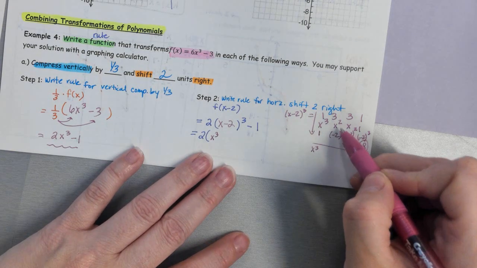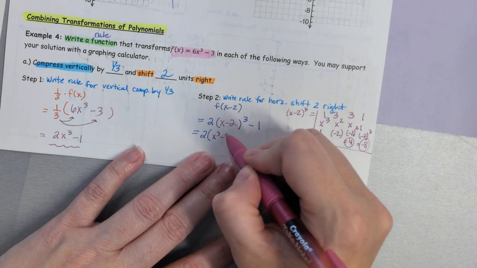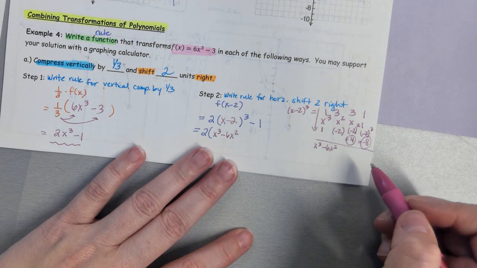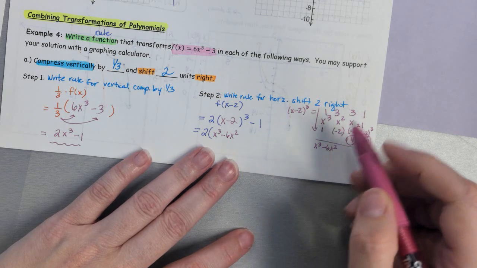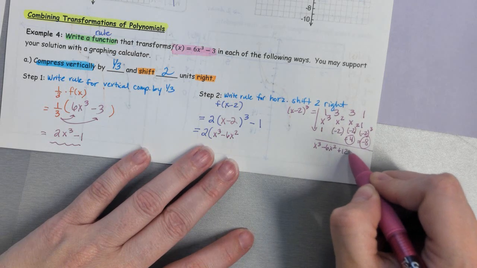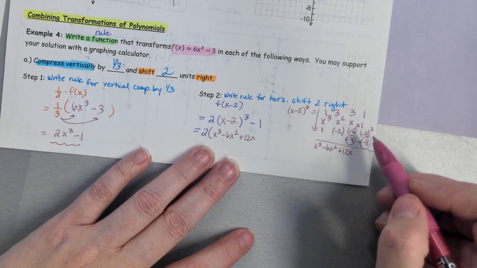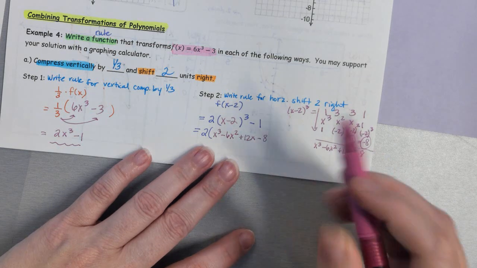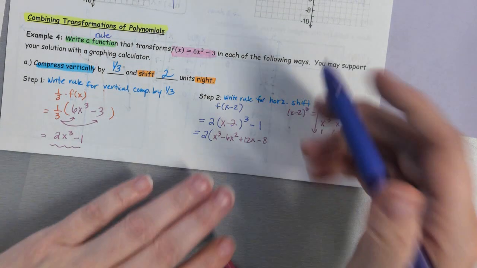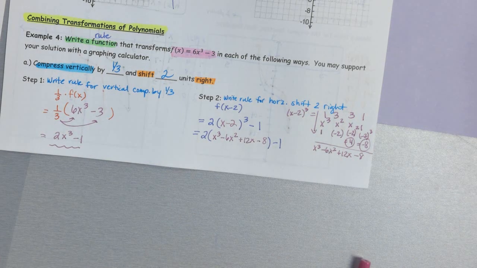And then 3 times x squared times negative 2 is negative 6x squared. So I'm going to put that here. And then this would be 3 times x times 4, so that is 12x. And then 1 times negative 8 will be negative 8. And then the rest of this stays the same, right? I have the 2 and then I have the minus 1.